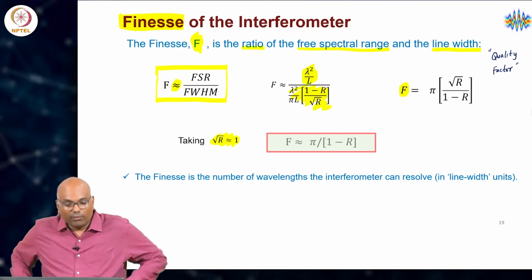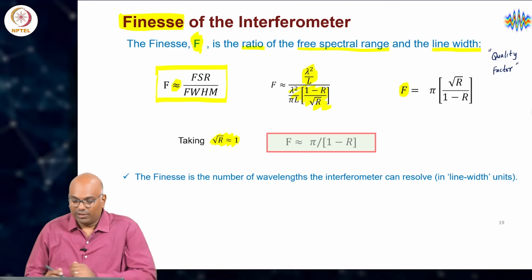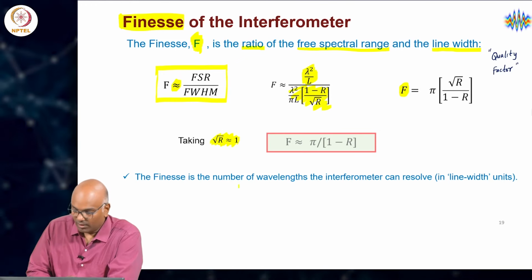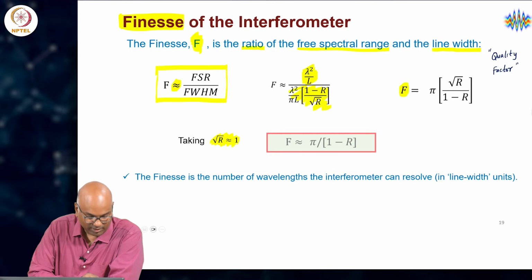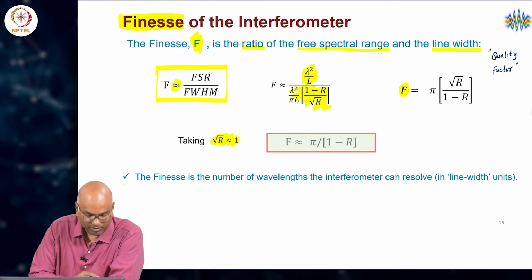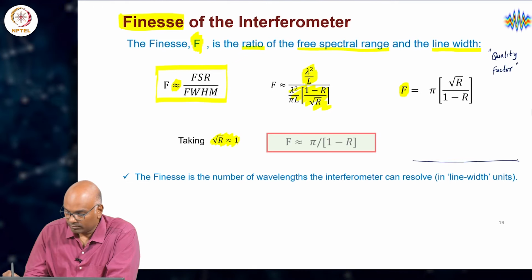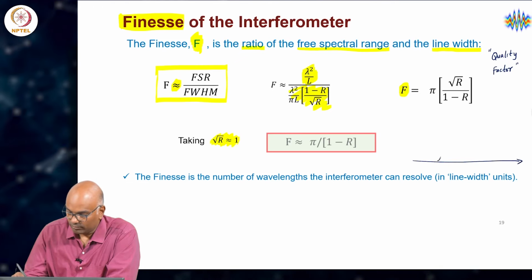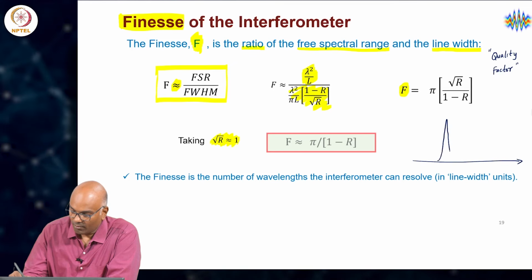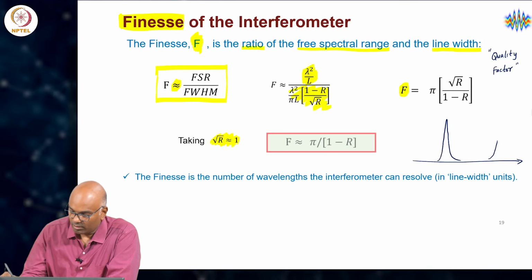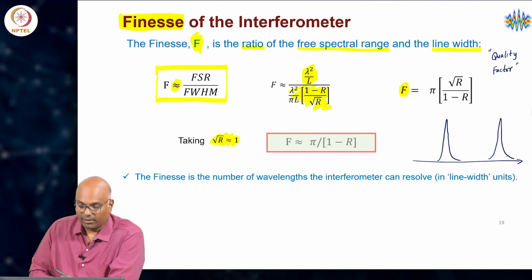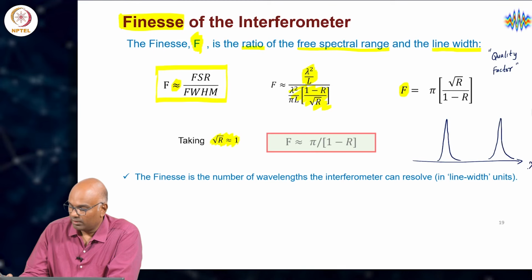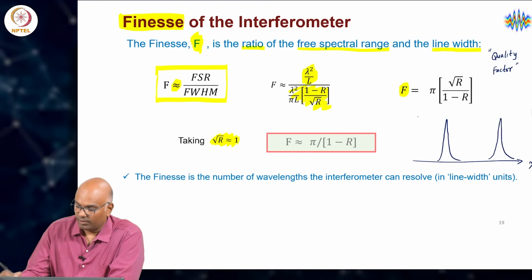If we wanted to fit a certain number of line widths inside the free spectral range of the resonator, let us talk in terms of wavelength over here.